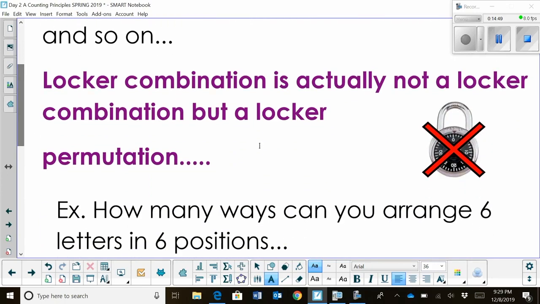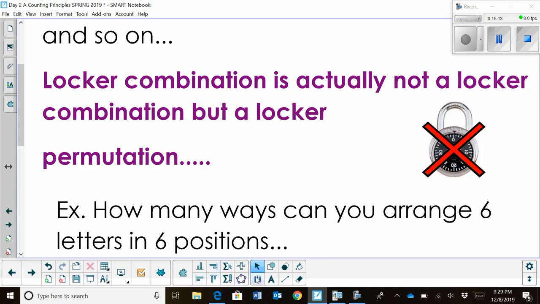Now in the past, I like to relate this permutation to a locker combination, okay? A locker combination is actually not a locker combination. It's a locker permutation. And why? Because the order that you turn the dial on the lock, the order matters.